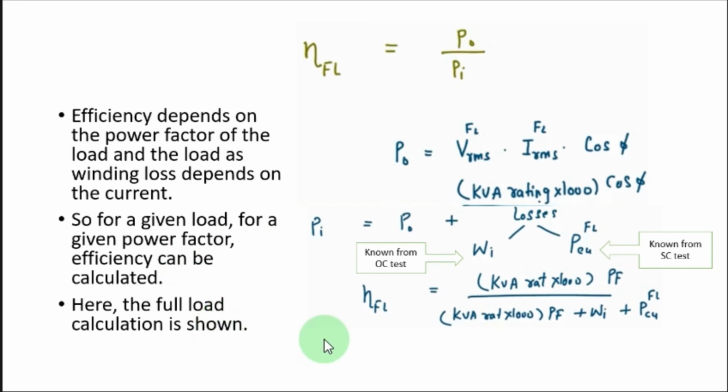If you consider full load, where the rated currents are flowing in both the windings, we can find the efficiency using this formula, because these two values, this one is measured through the short circuit test.